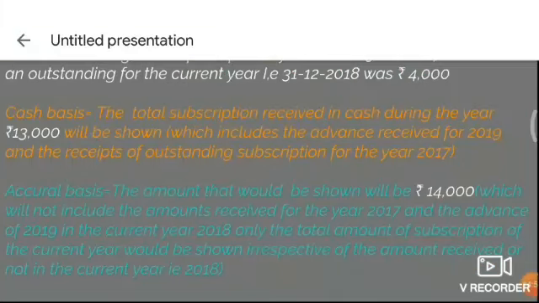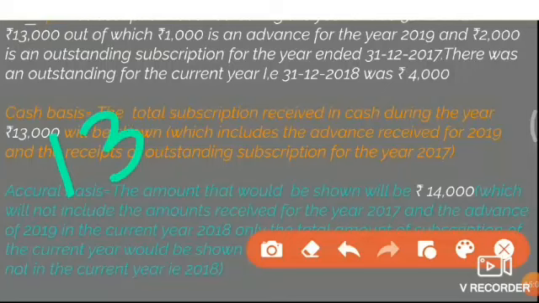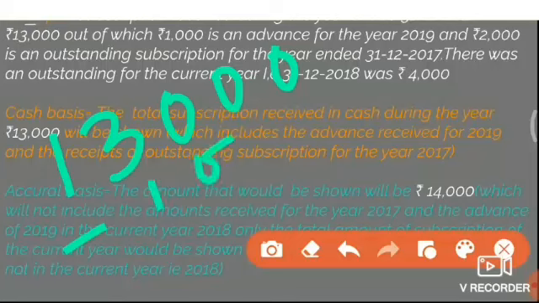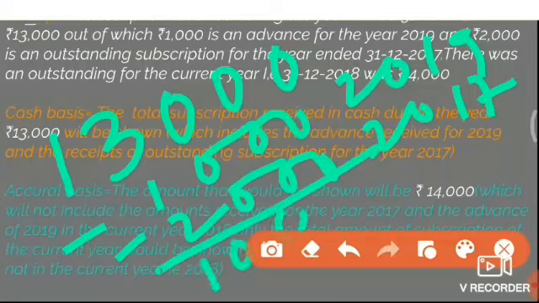If it is recorded on accrual basis, then we will take the amount received during the year, 13,000. We will remove that 1,000 rupees, which is an advance for 2019. And then we will also remove the outstanding subscription of 2017. So it will give us 10,000 rupees here, plus that outstanding which belongs to this year, 4,000 rupees.